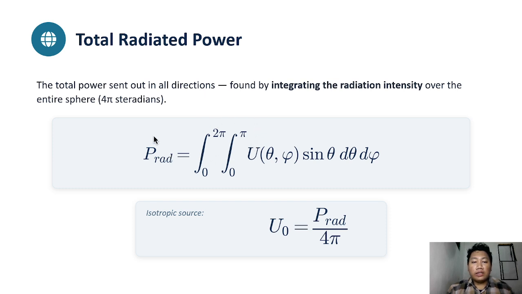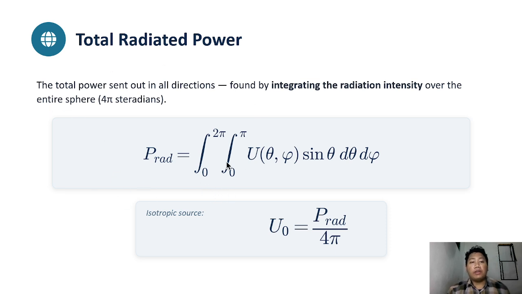Now notice this sin theta inside the integral; it comes from the solid angle element we just talked about, so don't forget it. For a special case, an isotropic source that radiates equally in all directions, the average intensity is simply P rad over 4 pi.